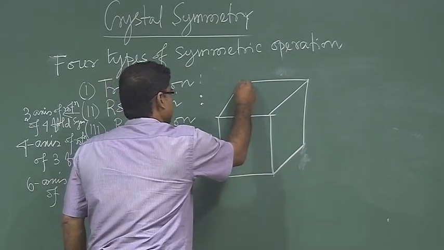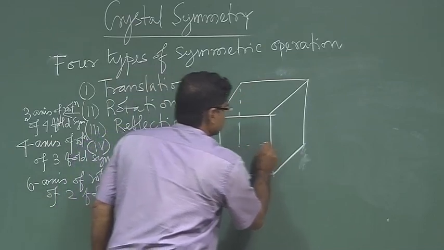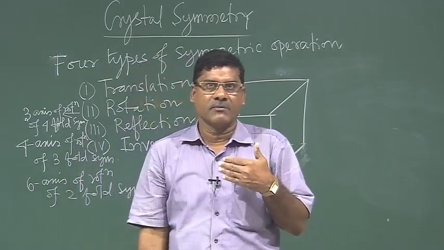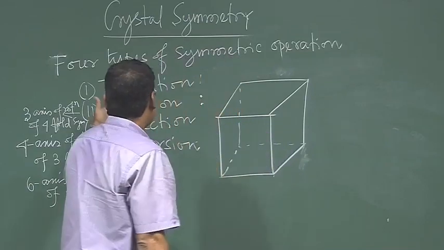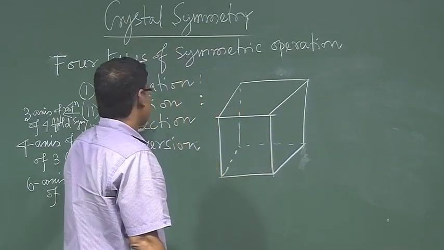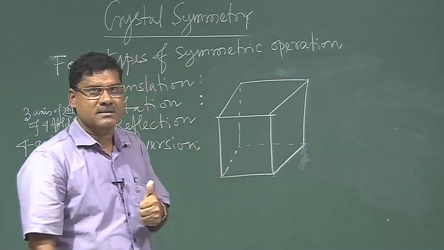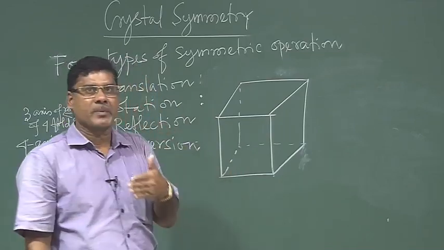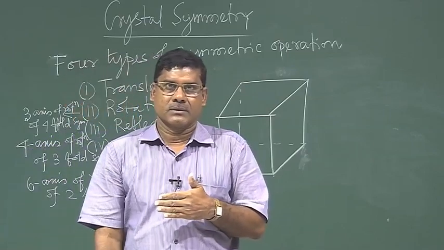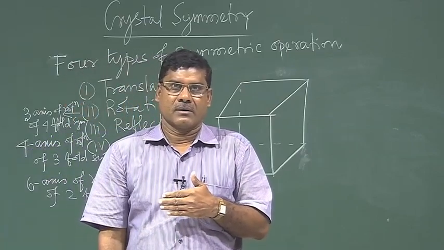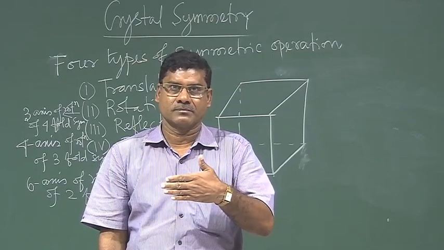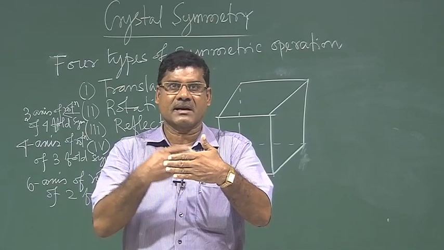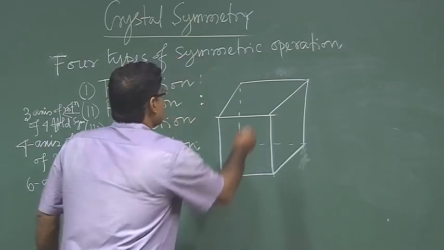For reflection, like rotational symmetry where one has to choose an axis, a line, one has to choose a plane. That is basically a mirror plane, and with respect to that plane we see whether the crystal has symmetry or not.